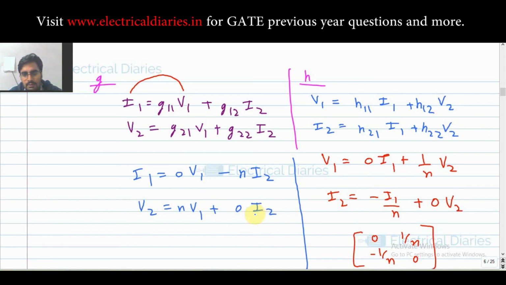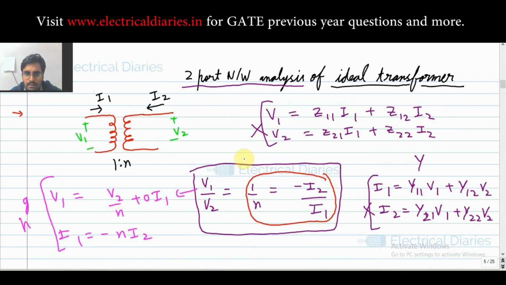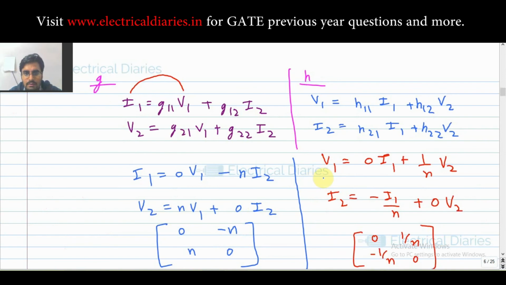So the G parameters are 0, minus n, n and 0. You don't need to learn these parameters. If you just remember that you have to assume the directions in this fashion, and when you assume, you have to assume this negative sign, then using this relation only you can easily see these things.